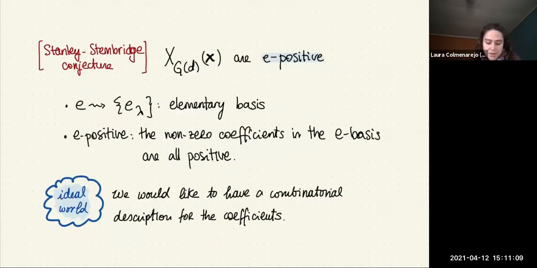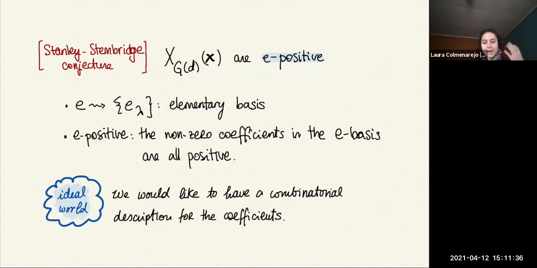Stanley and Stanton conjectured that if I look at the chromatic symmetric functions coming from these graphs from Dyck paths, they are e-positive. Now, by e, what I mean here is the elementary basis of the symmetric functions. And by being e-positive, what I mean is that all the coefficients that are not 0 are actually positive when I expand my symmetric functions in terms of the e basis.